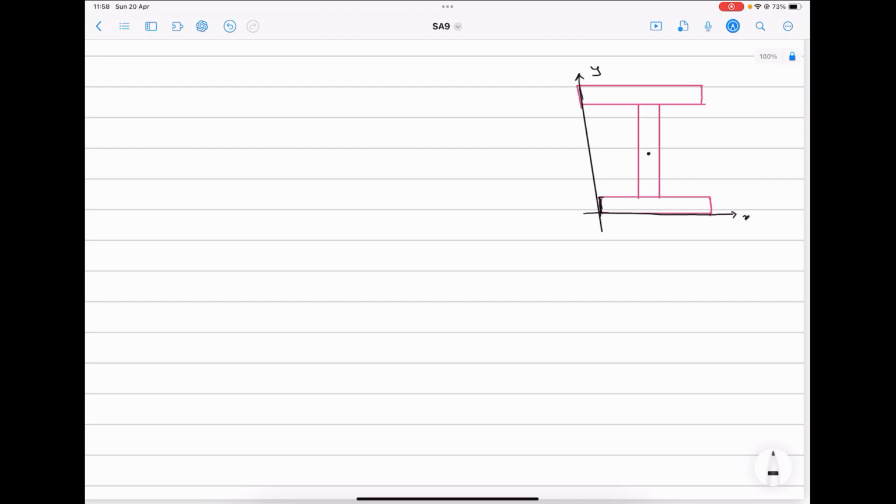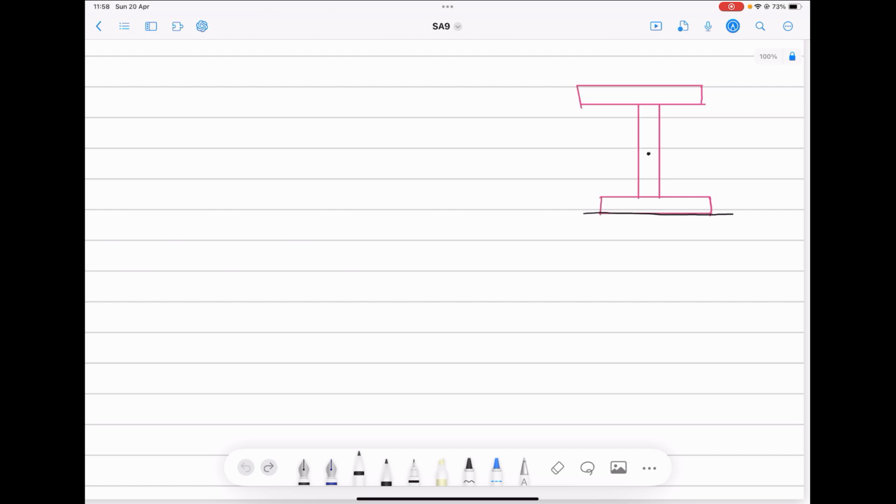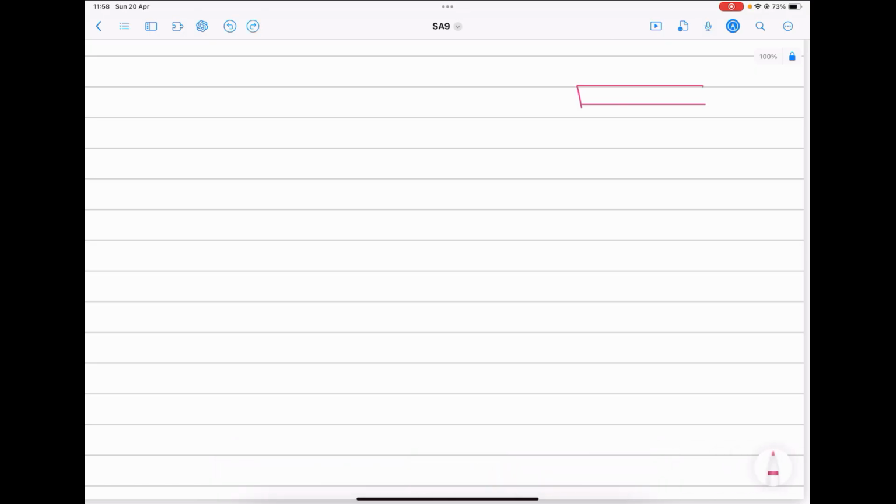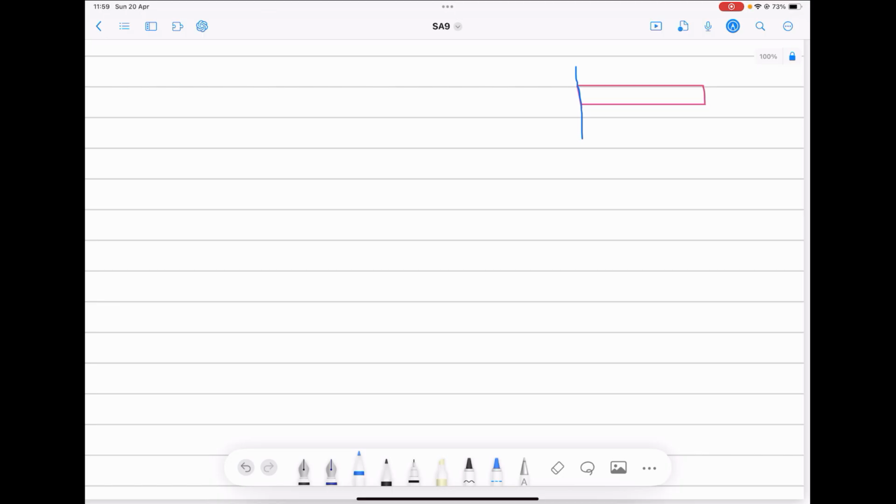Otherwise let us draw a little bit better. Let me draw it better, so we will draw the axes first. This is the x-axis, this is the y-axis.